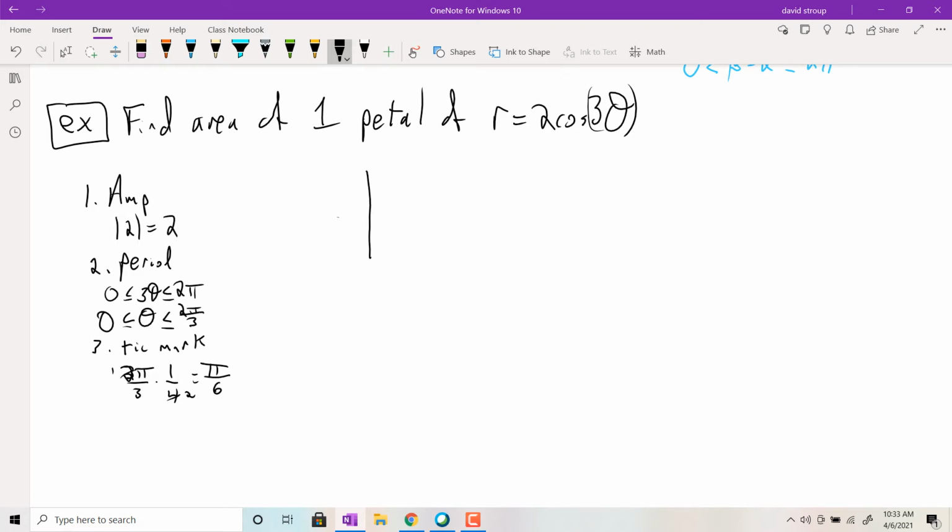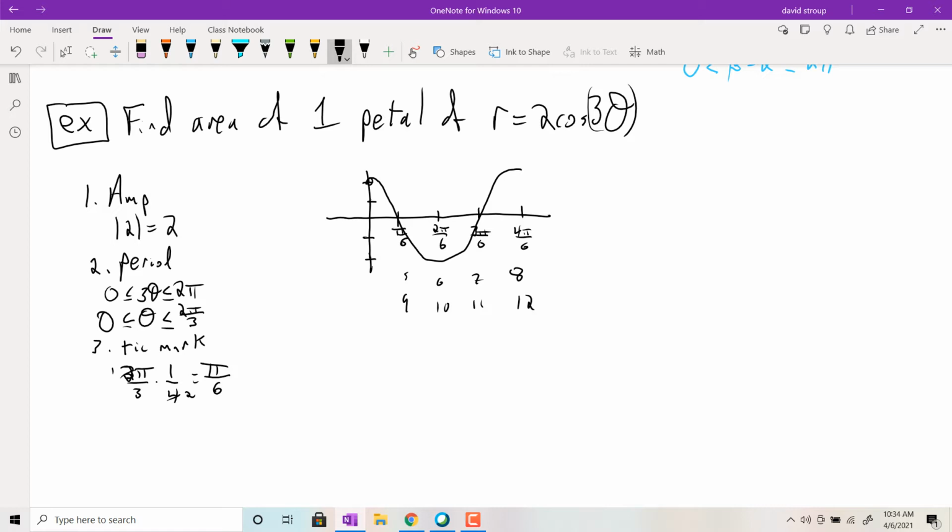So let me get my r theta picture going. I need to go up 1, 2, down 2. And I'm going by pi over 6s. And then 5, 6, 7, 8, 9, 10, 11, 12, just enough so I can get an idea of the bounds on the rose petal. Since it's a cosine, it starts up at 2 and then dives down and then dives back up.